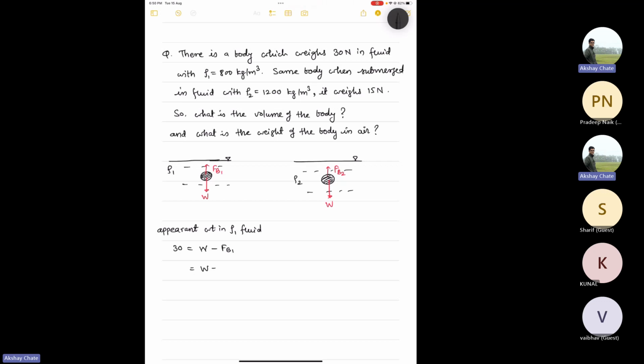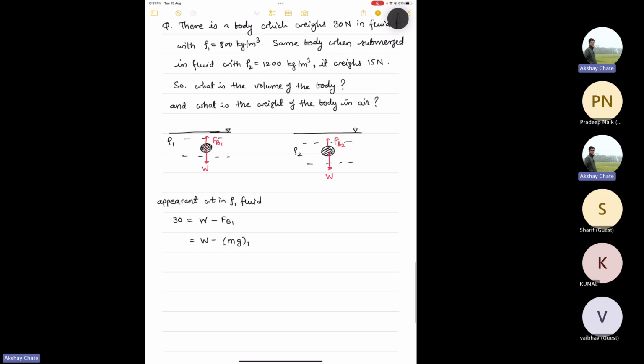And here, since the body is completely submerged, whatever is the volume of the body, the same volume of fluid is displaced. So what is the weight of that volume? Weight is again mg, but this is fluid 1, that is the key point here. So it is density times volume, and again g will be the same.